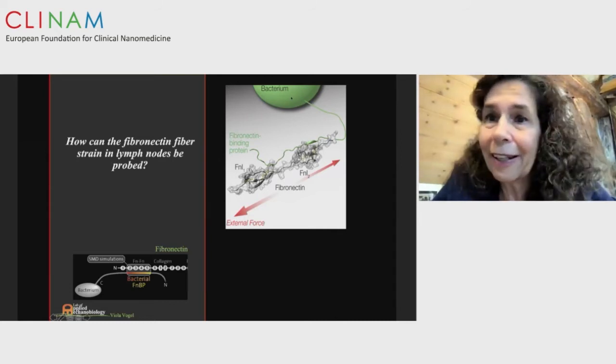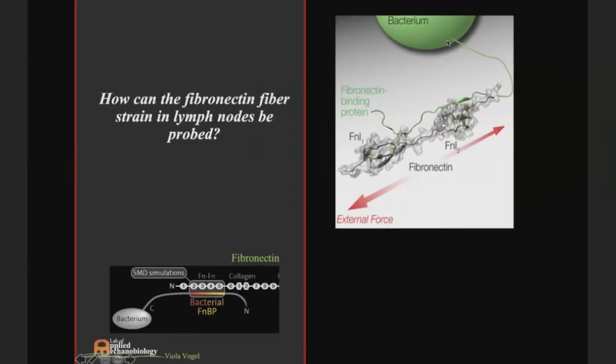We made it by looking into how bacteria bind to fibronectin and fibronectin fibers. Many bacteria, including S. aureus, have long peptides on their surface. These peptides were known to bind to fibronectin. Again, they bind to the type 1 domains.